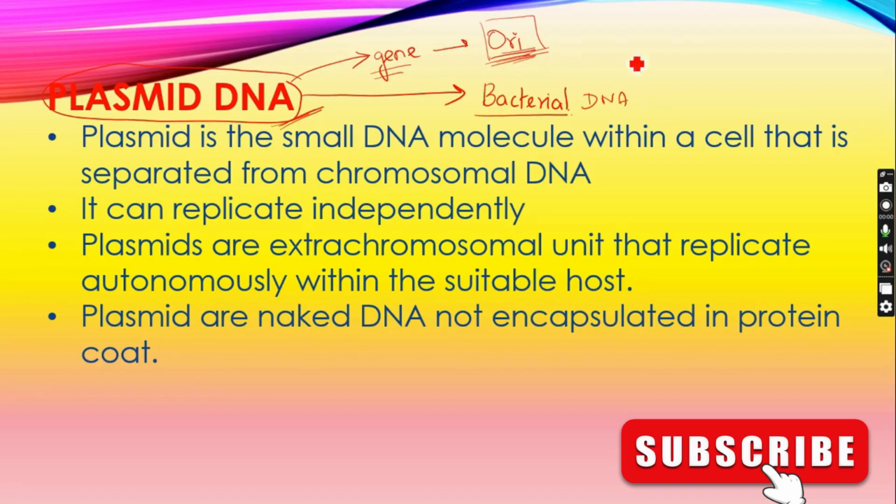So a gene going to be present in the plasmid DNA is the origin for the replication, the replication site origin. Another important gene present, which is useful for the bacteria, is known as antibiotic resistant genes.